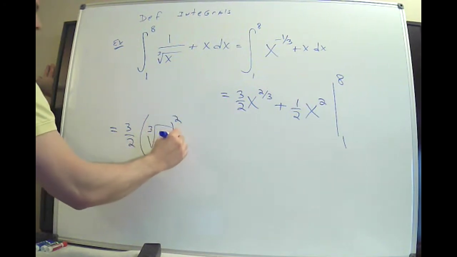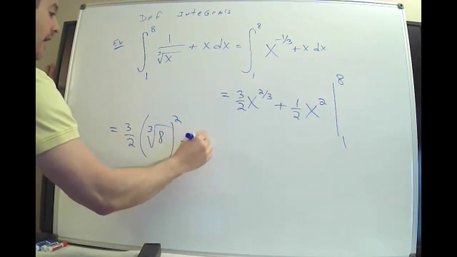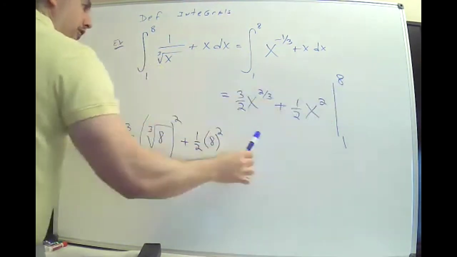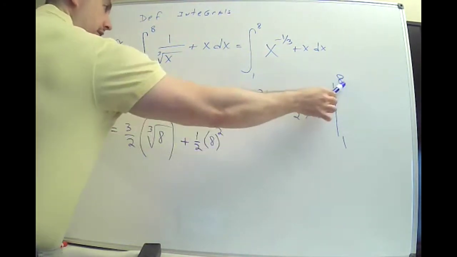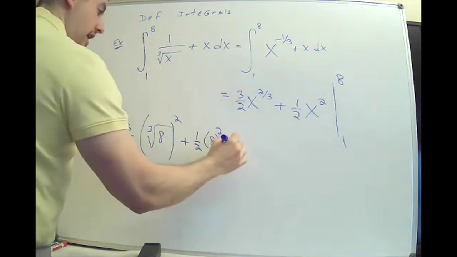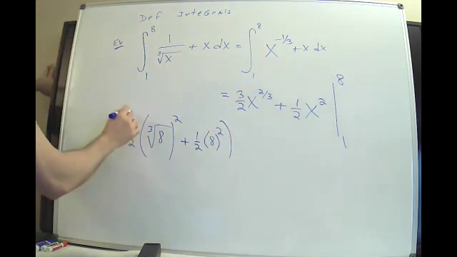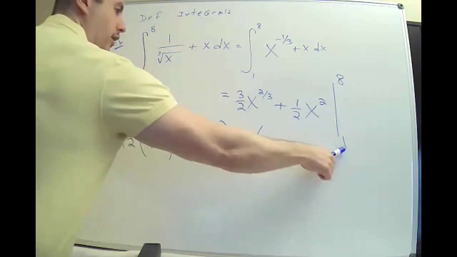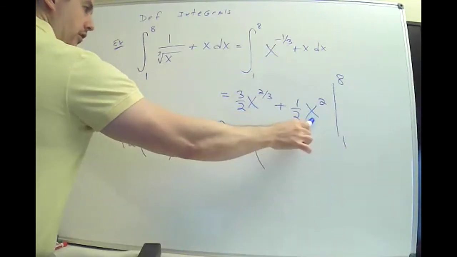Make sure you all see it all right. Plus 1/2 8 squared, right? 8 has to go here and here. First, the top number goes everywhere you see x, and then put big parentheses here. Take away, same thing. Now the 1 is going to go here, and the 1 is going to go there.